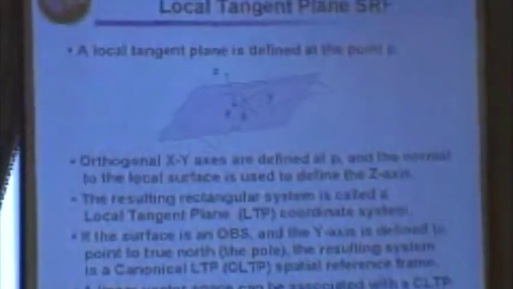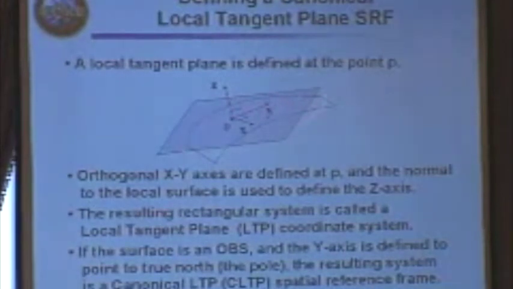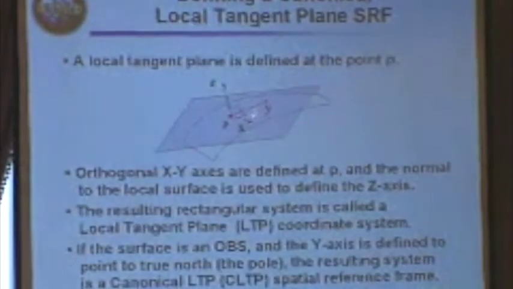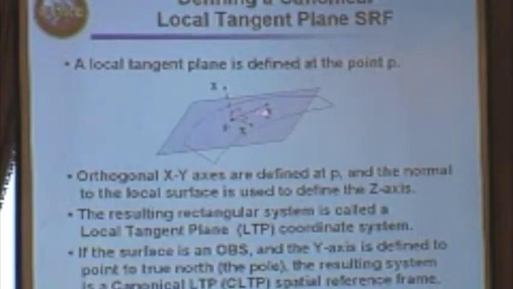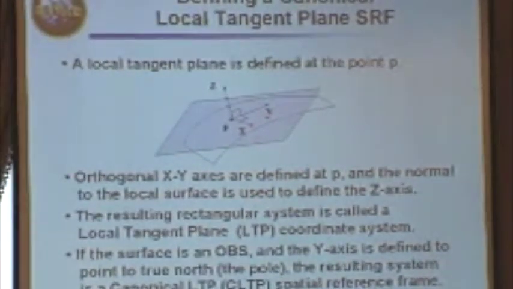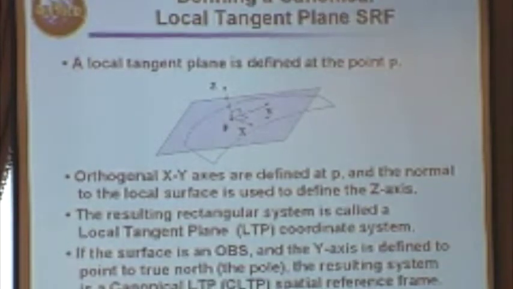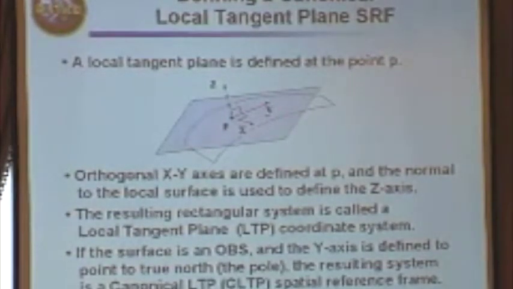These are the kinds of things that the GCS uses. It's also, for example, if you take a plane on the surface of the Earth, and as you move away, the plane is going to lift off the surface of the Earth. If you move away about 1 kilometer, I think it only lifts off about 1 millimeter or something. No, it's half a meter. Half a meter. So, for example, building engineers building a building that is not that big will use this.